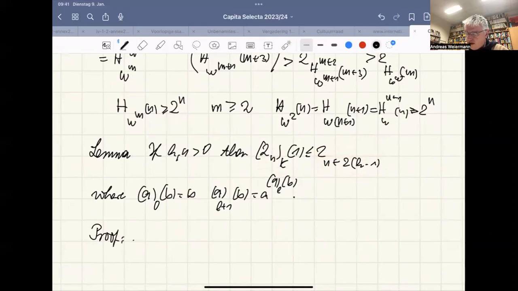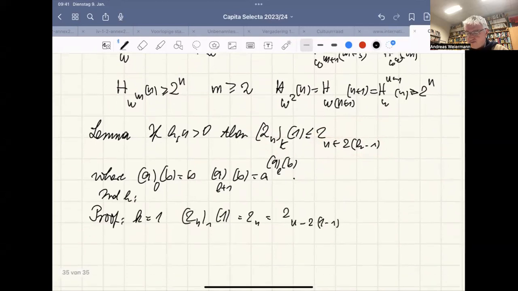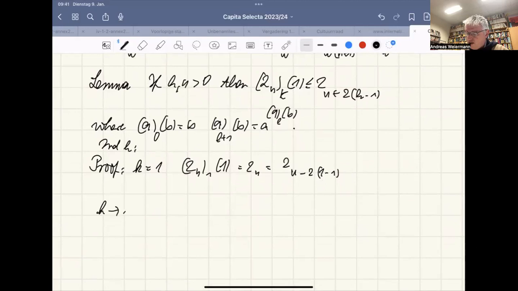Well, we do induction on k. If k equals 1, 2n 1 of 1 is 2n, the same as 2n minus 2, 1 minus 1, so that's fine. K goes to k plus 1. Well, it's somehow easy, but one has to be careful with the estimates. So we start with this term. That's nothing else than 2n to the 2n k of 1.